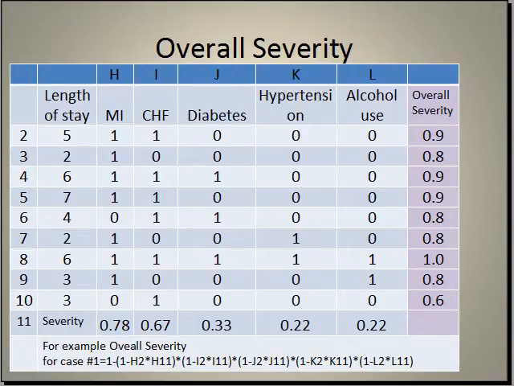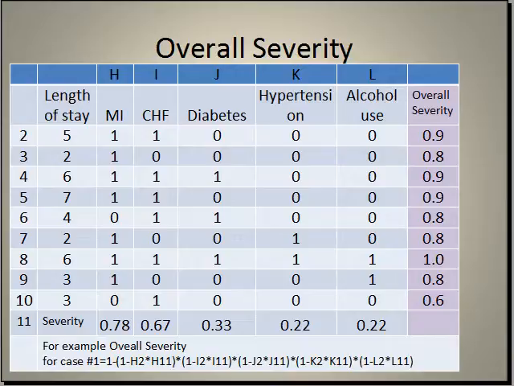After calculating the averages, we calculate the overall severity. This is calculated by subtracting 1 from the indicator value multiplied by the severity times the severity of all variables.